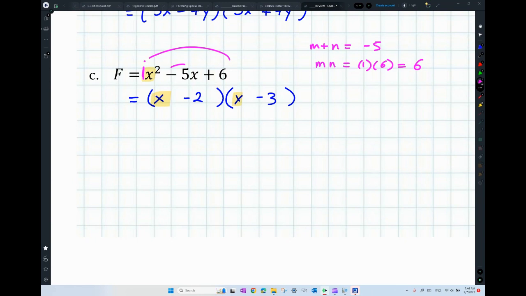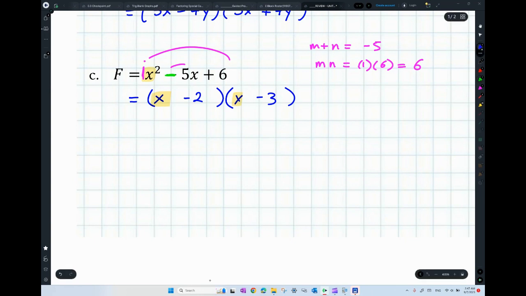So the product of m and n is a positive number. So they will have the same sign, both positives or both negatives. So I know they will be both negative because the sum is a negative number.